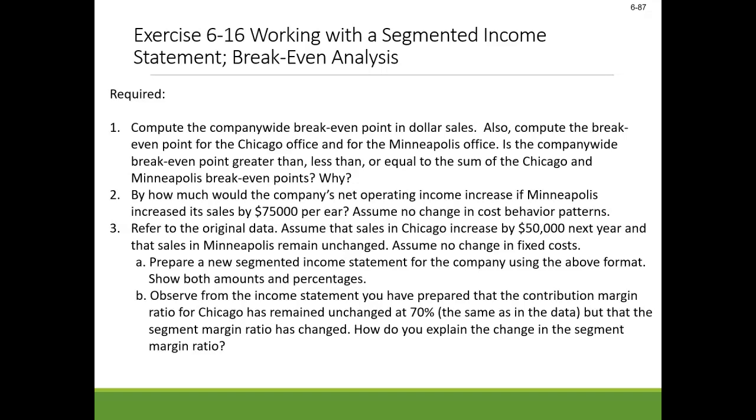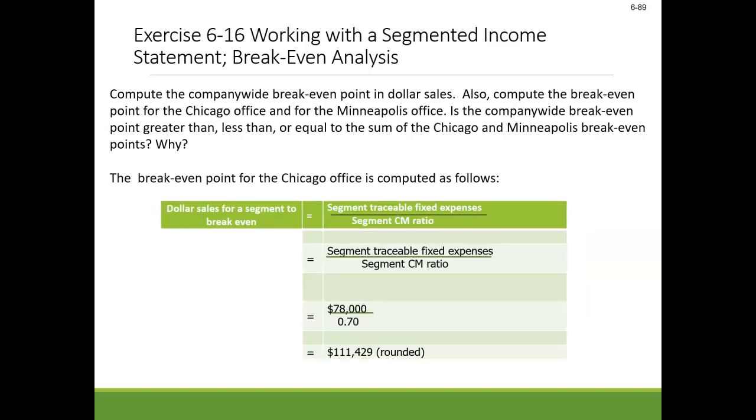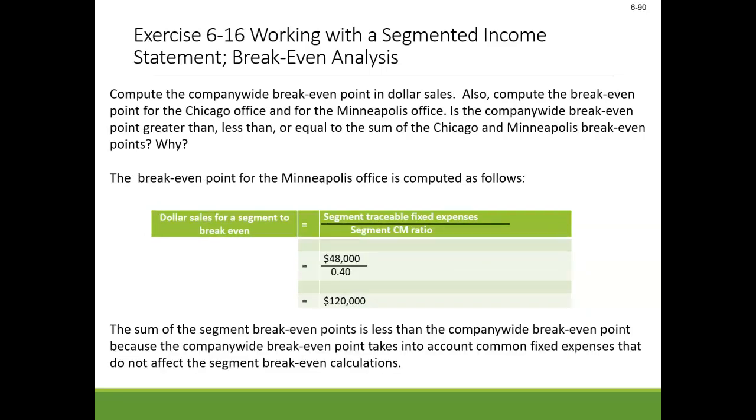What would happen if Minneapolis increased its sales and nothing else changed? So again, to come up with break even, we come up with those fixed costs, divide it by the ratio to figure out what the sales need to be in order to break even. Then you can do it by each division.